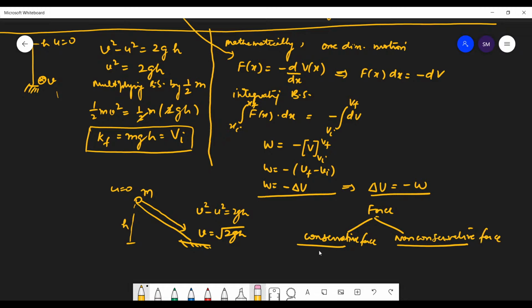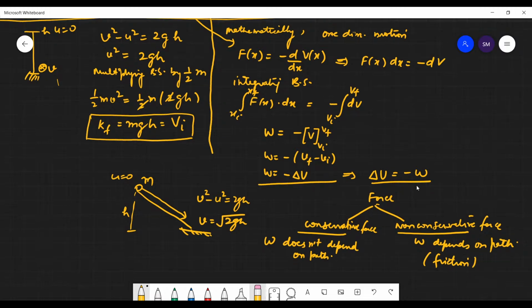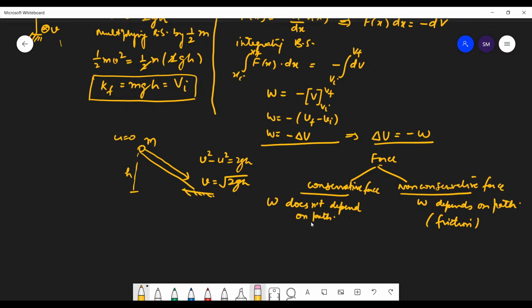So work done by the conservative force does not depend on path, but depends on initial and final position. But here work done depends on path. So frictional force is the example of non-conservative force, whereas for conservative force the example is gravitational force and we will further do spring force.